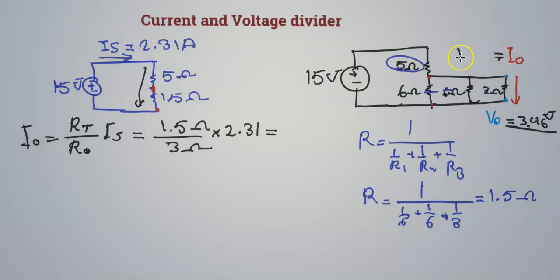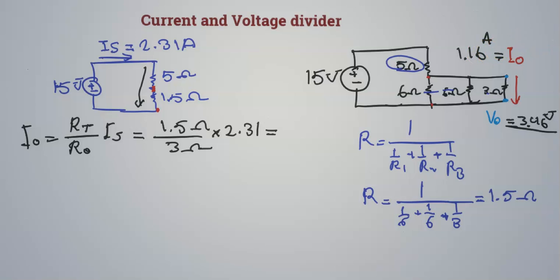So 1.16, I rounded to two decimal places, ampere. All right, so let's explain and emphasize how we got this, and what the current is for the other branches, to make sure we got the right answer.